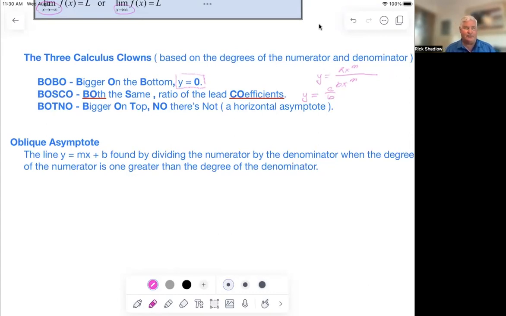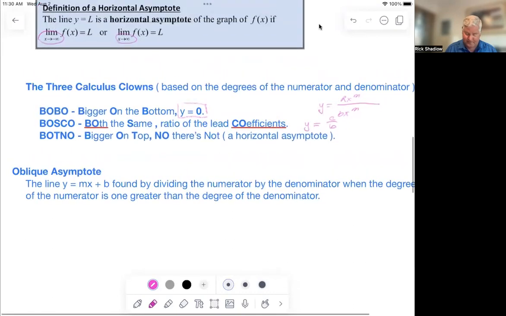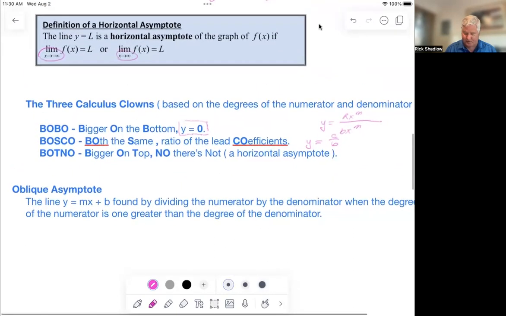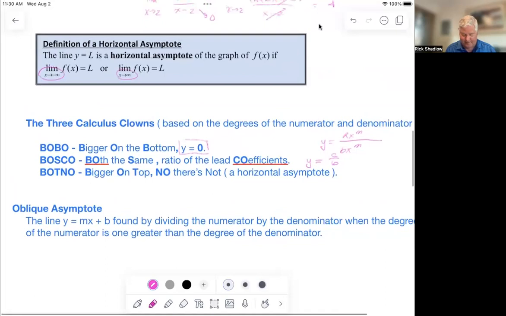Otherwise, you have some other type of end behavior model, possibly a quadratic, cubic, whatever the case might be. In those situations, you do not have a horizontal asymptote, but possibly an oblique asymptote. So you'll be responsible for knowing that idea of oblique asymptotes.